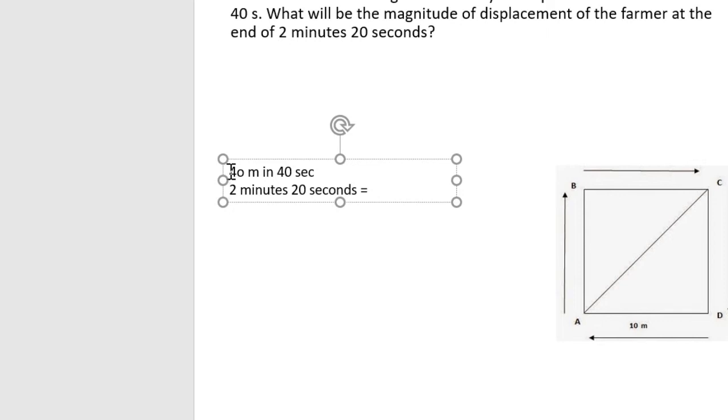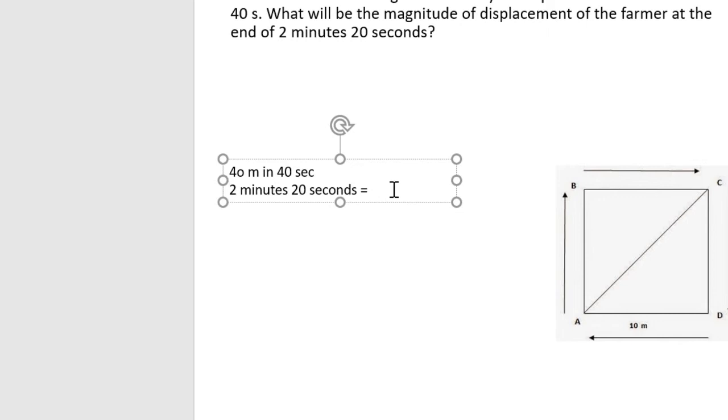Now he's asking what will be the magnitude of the displacement of the farmer at the end of 2 minutes 20 seconds. So he's asking after 2 minutes 20 seconds, what will be his position and what will be the displacement from the initial point. So first what you've got to calculate is, where will he be after 2 minutes 20 seconds, right?